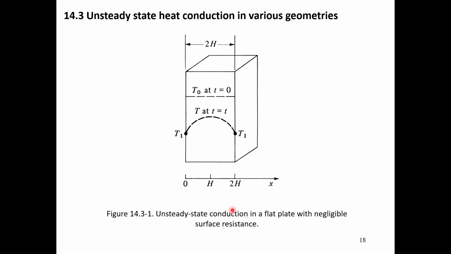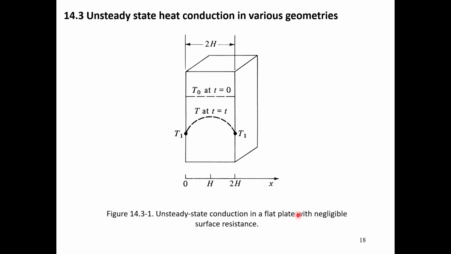For this case, this flat plate is at a temperature T naught at time t equal to 0. It is subjected to surroundings, so at time greater than t equal to 0, it's exposed to a surrounding temperature of T1.